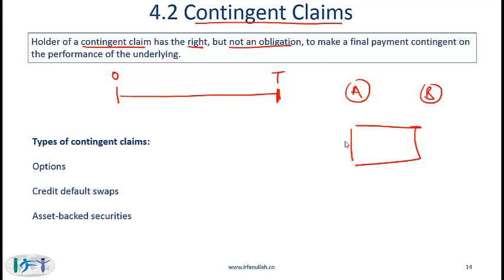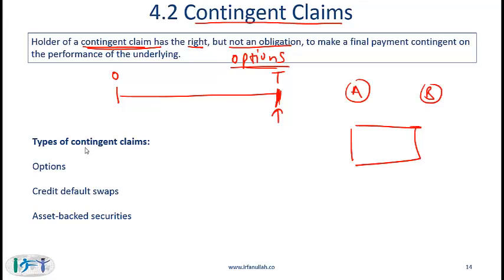But the difference here is that one of these parties, the party that holds the claim, has the right but not an obligation to make a payment on this date and get the underlying. Since this is not an obligation, we can also call this an option. And frequently the terms contingent claims and options are used interchangeably.